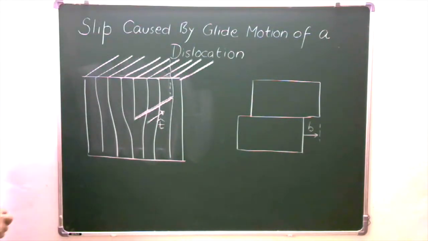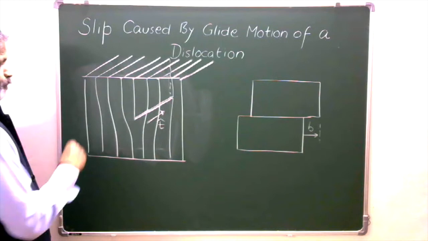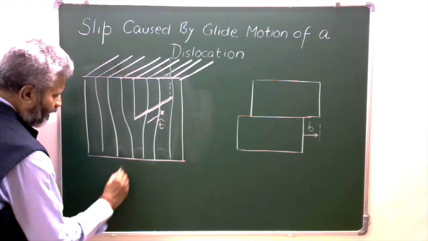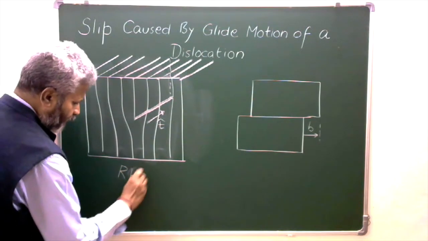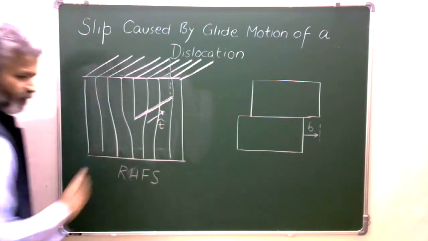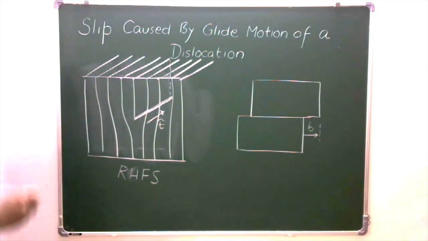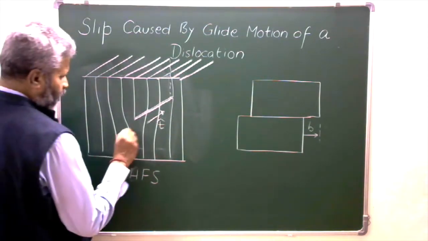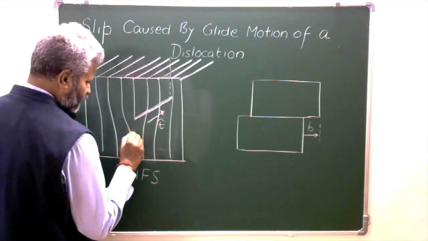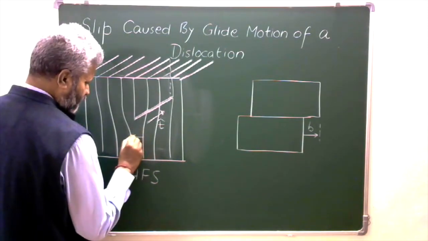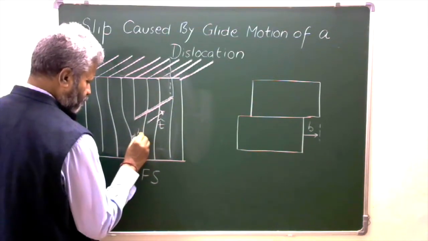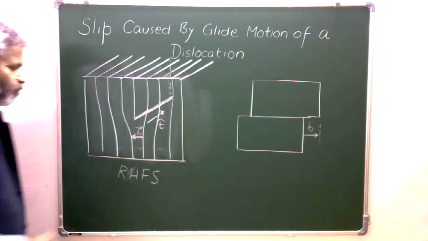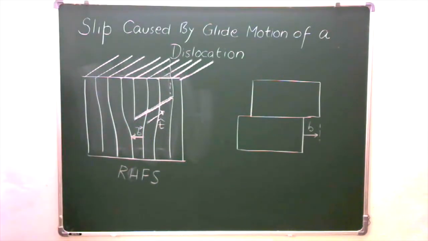And then if I use the right-hand finish-to-start convention for assigning Burgers vector, then you will find that a Burgers vector b equal to 1 interplanar spacing in this case, pointing to the left, will be associated with this dislocation line.